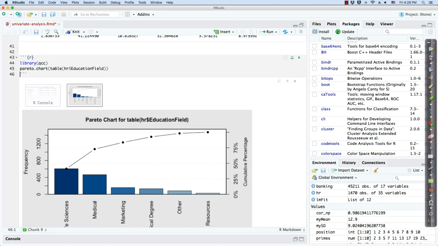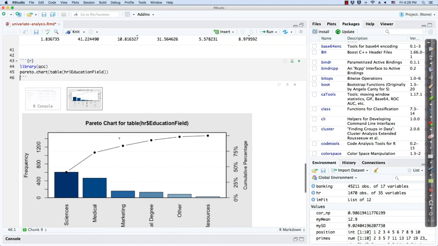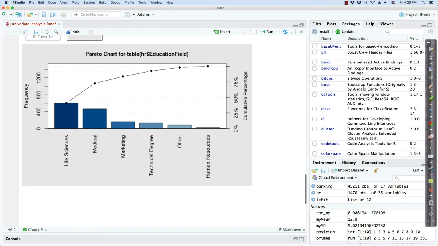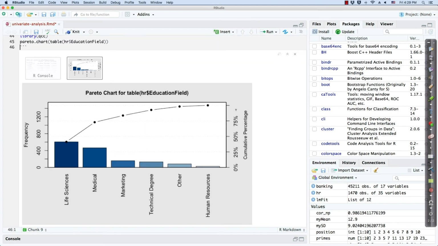It generates a very useful plot called Pareto chart. Here on the x axis we have the different categories of education field. On the left hand side of the y axis we have the absolute frequency. On the right hand side we have the percentage of the frequencies.